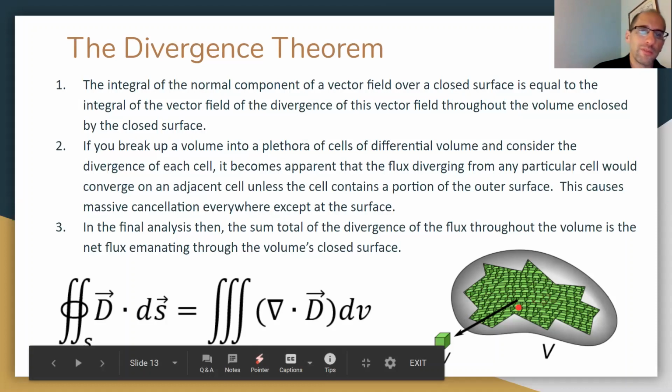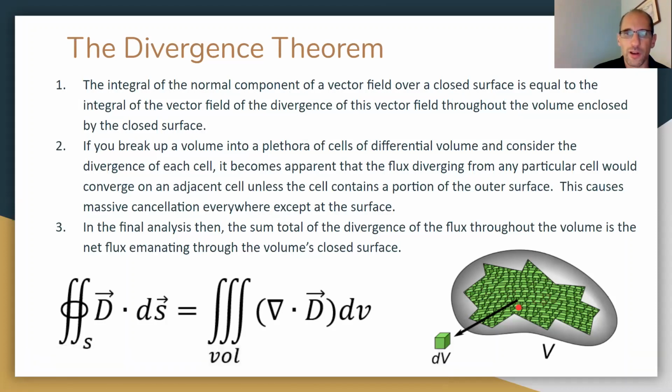So if you break up the volume into this plethora of differential volume cells and consider the divergence of each cell, you get this massive cancellation. And so you're only really dealing with the wall on the outer surface. So in the final analysis, the sum total of the divergence of the flux throughout the volume is simply the net flux emanating through the volume's closed surface.